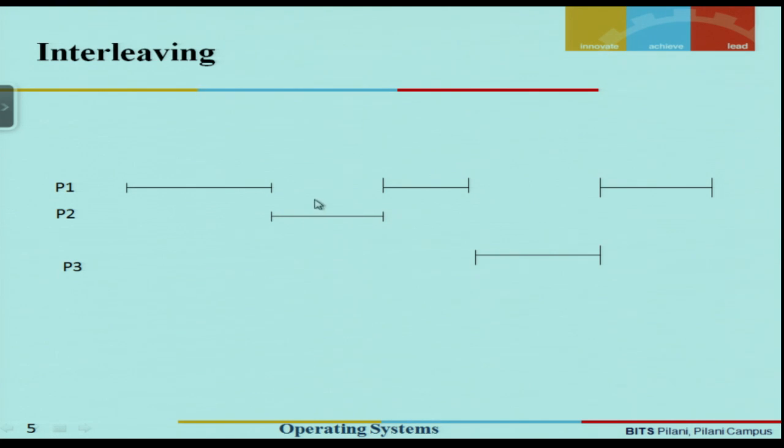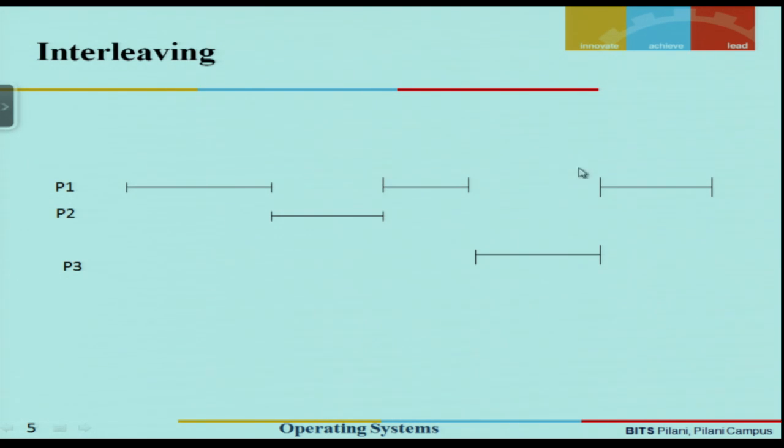Suppose P1 had to go for an IO and the processes were not interleaved; then the time in which it is carrying out the IO would have been completely wasted.